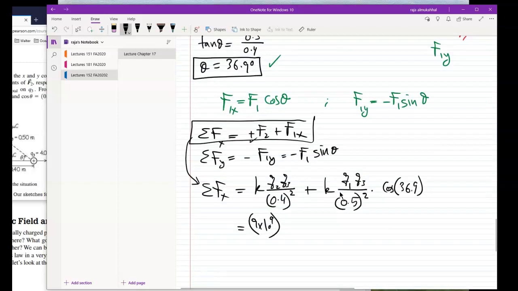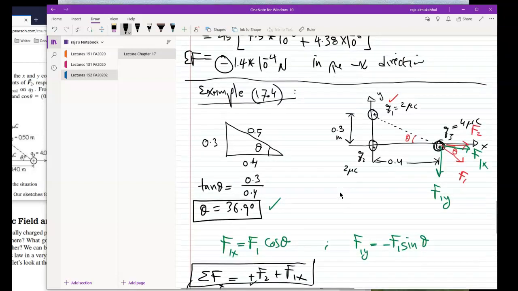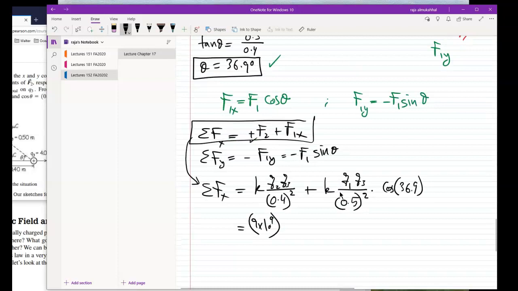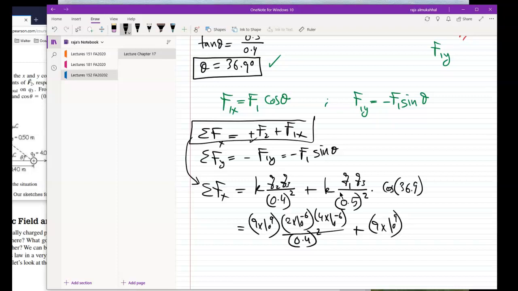So Q2 is 2, that's going to be 2 times 10 to the negative 6 times 4 times 10 to the negative 6 divided by 0.4 quantity squared, plus 9 times 10 to the 9 times 2 times 10 to the negative 6 times 4 times 10 to the negative 6 divided by the distance between them, 0.5 quantity squared, times cosine 36.9.